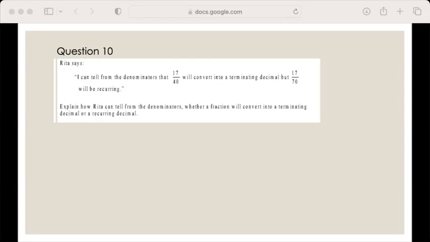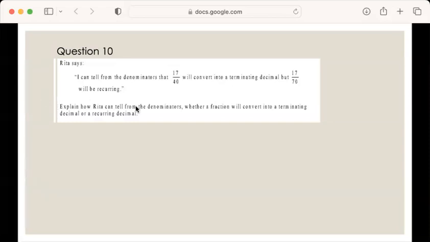If all those prime factors divide into 10, then that is a terminating decimal. If any of those prime factors cannot divide 10, then it is a recurring decimal.